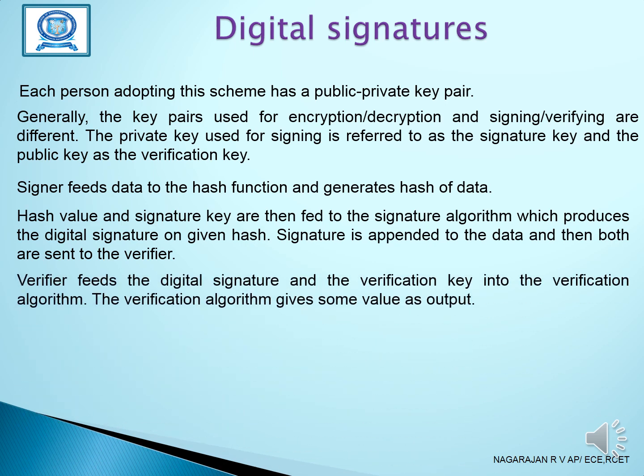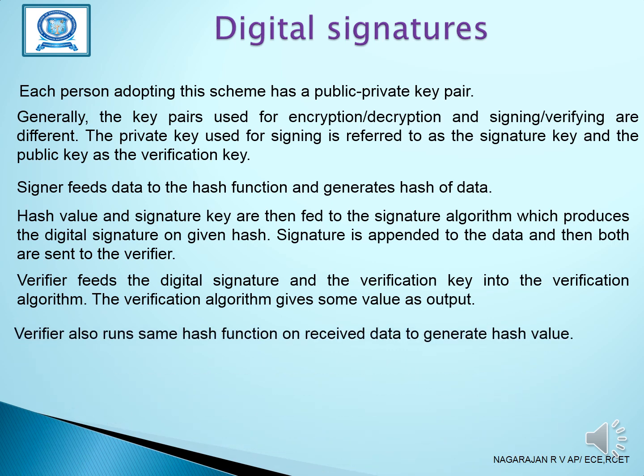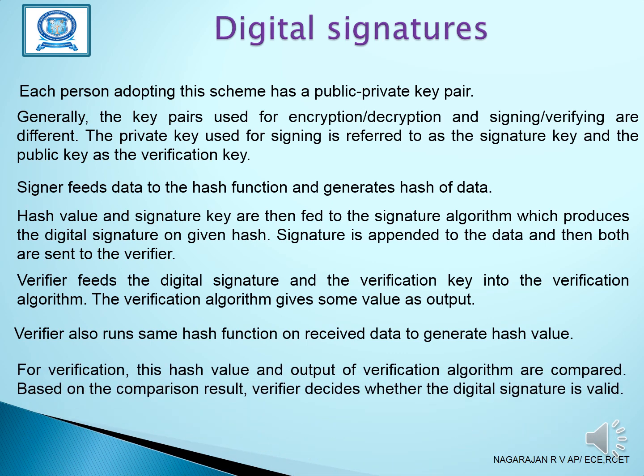The verifier feeds the digital signature and the verification key into the verification algorithm, which gives some value as output. The verifier also runs the same hash function on the received data to generate a hash value. For verification, this hash value and the output of the verification algorithm are compared.